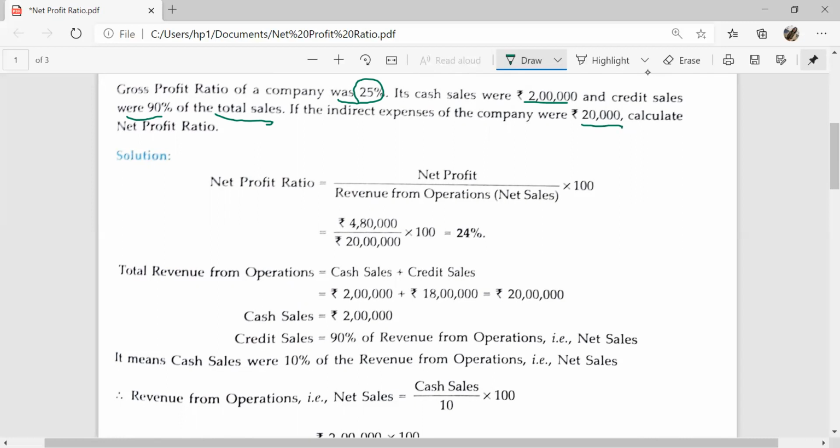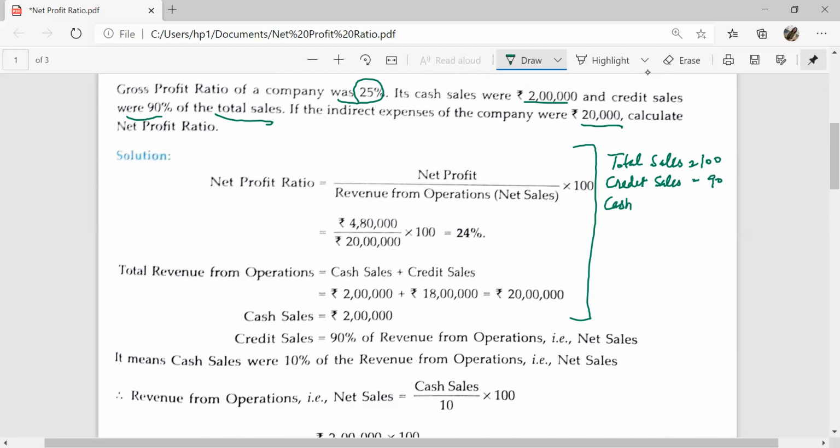The formula of net profit ratio is net profit divided by revenue from operations into 100. And first of all, we have to calculate the figure of total sales. And credit sales were 90% of the total sales. Let us assume total sales is equal to 100 and credit sales is equal to 90.